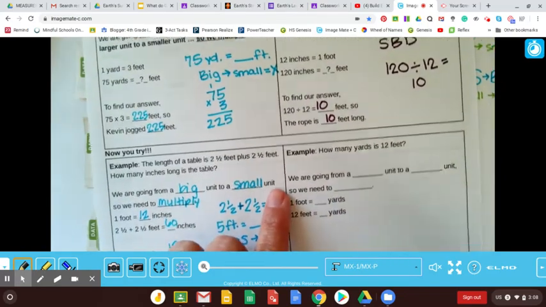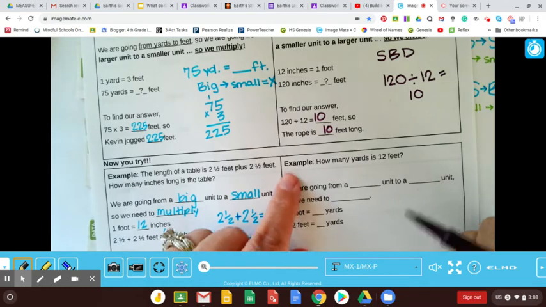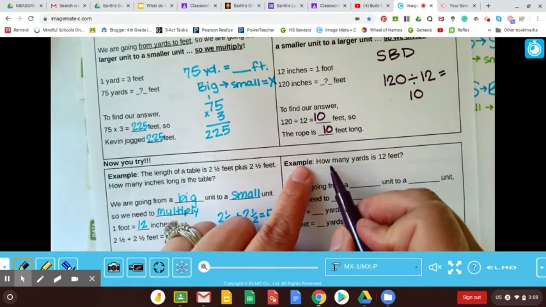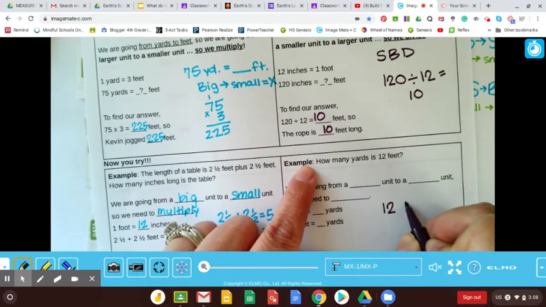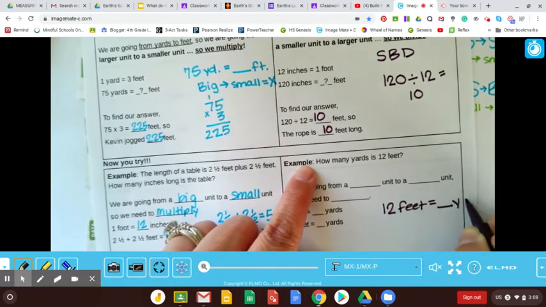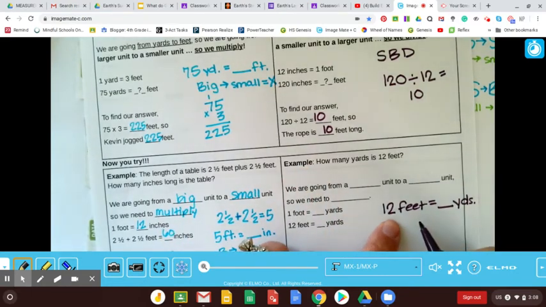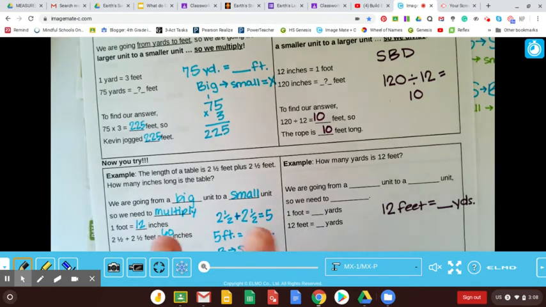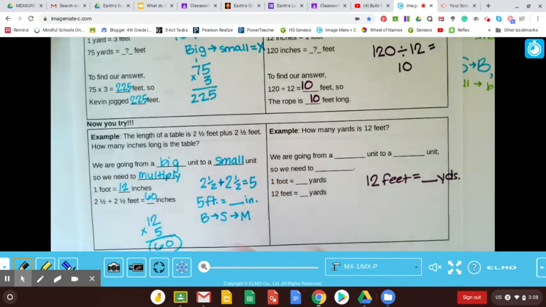Let's try another one. Now for this one, I actually don't like how this is written. When you think about it, how many yards is 12 feet? I like to think of it like this. 12 feet equals blank yards. Okay. So we're going here, and I just want to actually think about this problem before we even divide or multiply or anything like that, right?